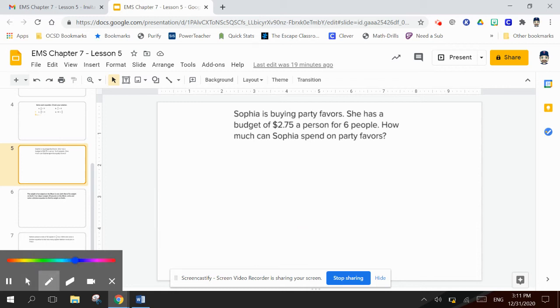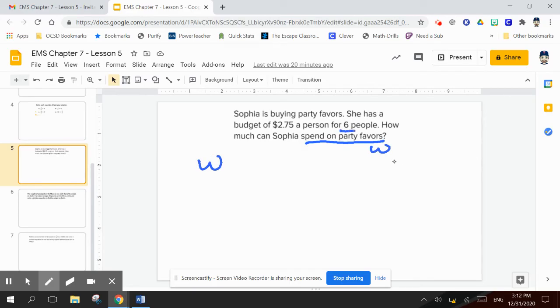So when we have to write an equation, it says Sophia is buying party favors. She has a budget of $2.75 a person for 6 people. How much can Sophia spend on party favors? So the total is what we're looking for. How much is she going to spend for party favors? That's our variable.